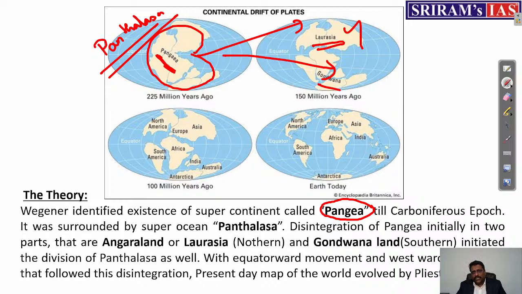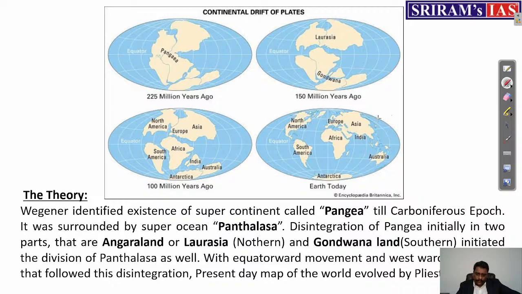The northern land mass, you call them Laurasia, and the southern land mass, you call them Gondwana. It got divided into Laurasia and Gondwana constituents. So post-division, this land once again started drifting towards the equator and slightly towards the west. The equatorward movement and westward movement again made these continents integrate with each other, and the present day map of the world got evolved.